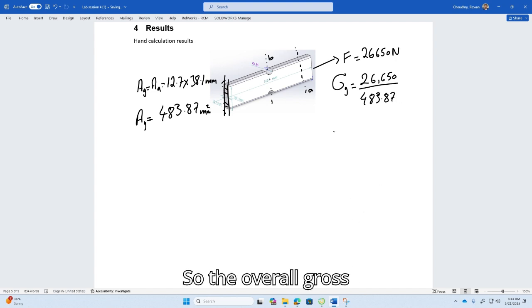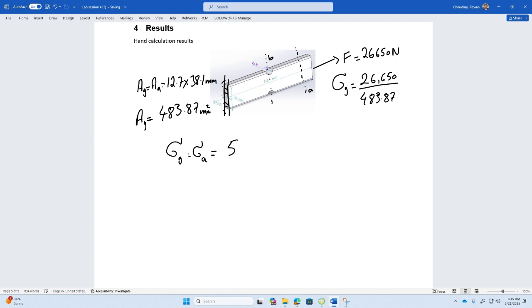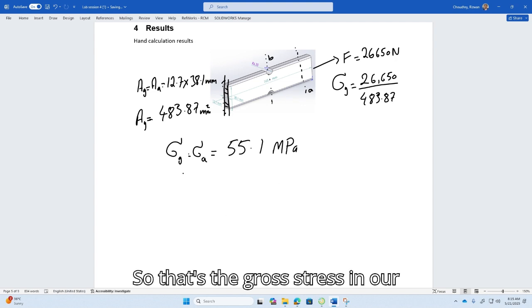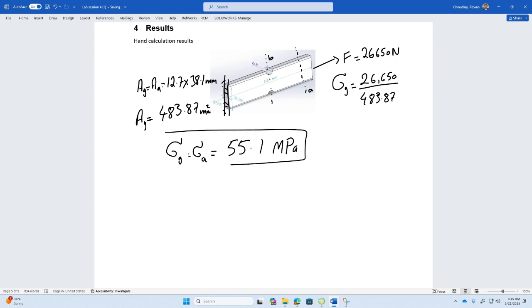So the overall gross stress in region A, okay, is basically how much? Can somebody do that on the calculator? 55.1 megapascals. So that's the gross stress in our bar.